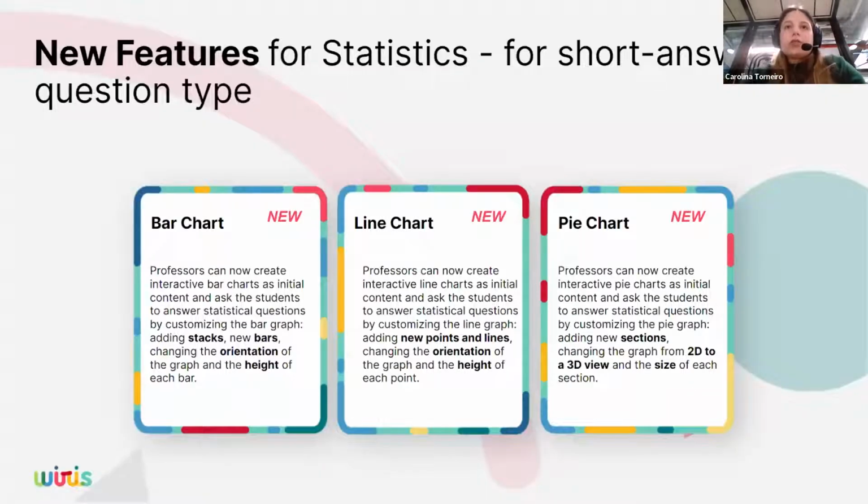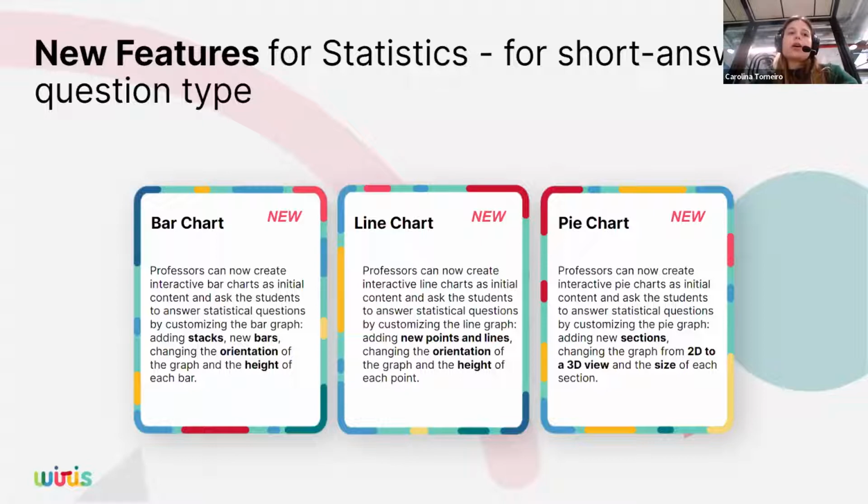What are these new features that we're talking about when we mention graph features for statistics? As you know, before we had only the short answer question type for equations, text, and also graph. But this graph was only standard graph, so mainly for geometry mathematics. But we realized, and also some of you asked, that you would like to have specific graphs for statistics, and here they are.